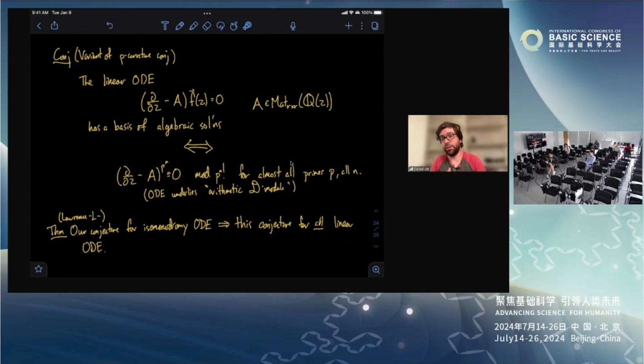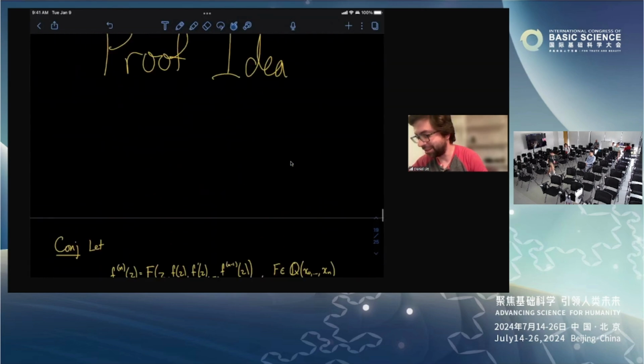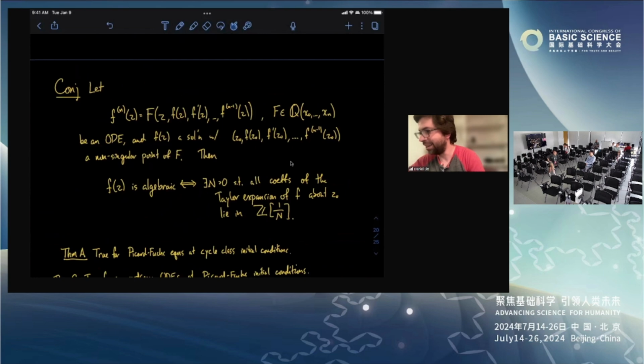There's a reason I specified, let me go back to the conjecture, there's a reason I specified that these initial conditions are at a non-singular point of your ODE.